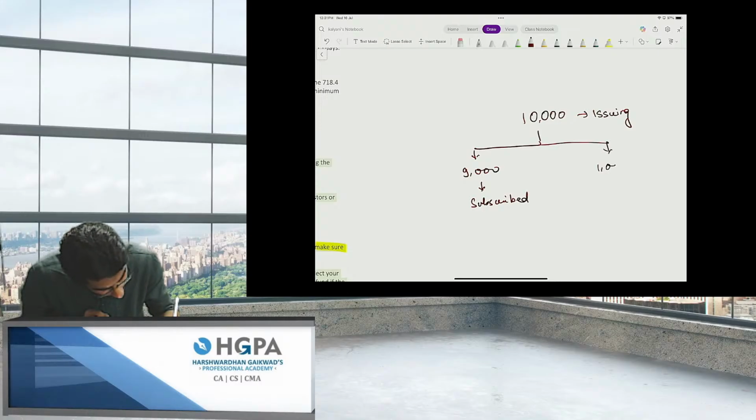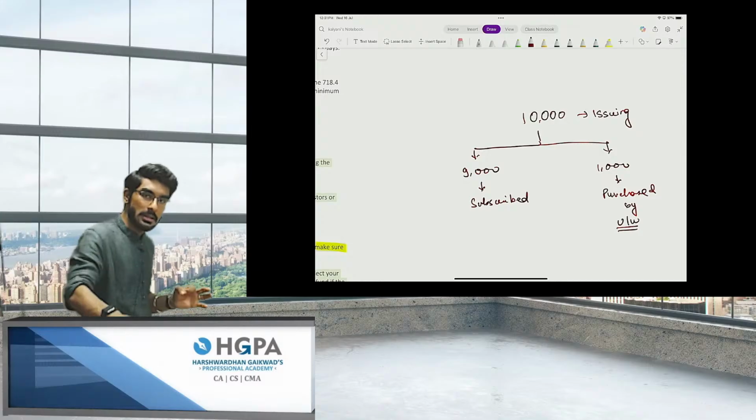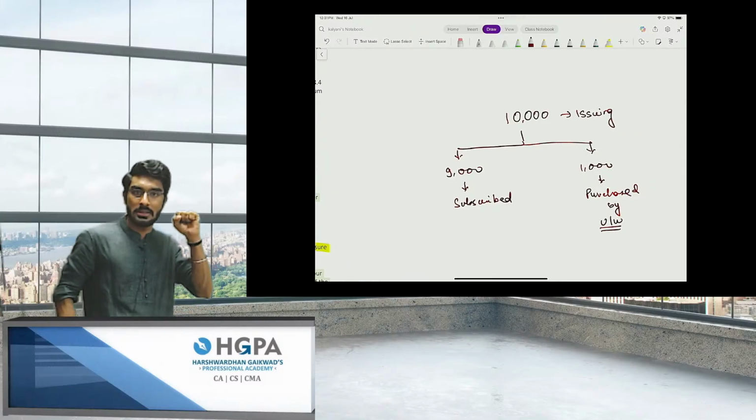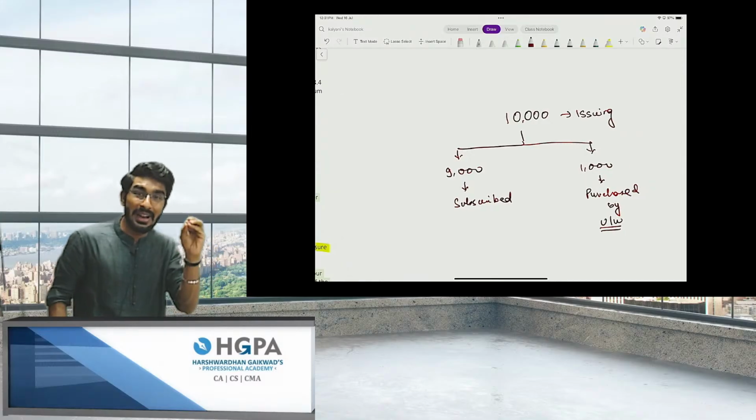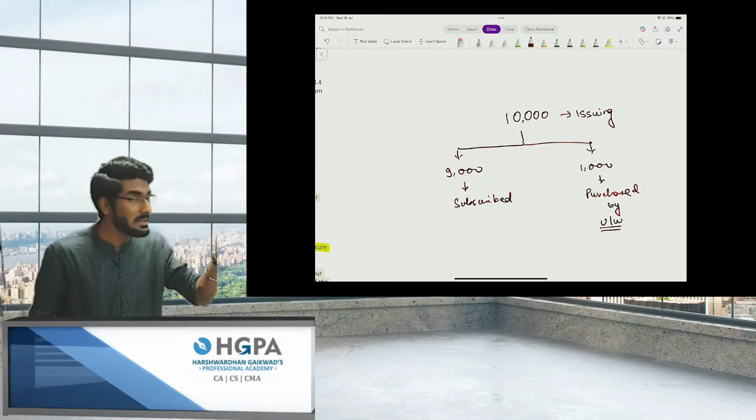The remaining 1,000 shares will be purchased by the underwriter. Once the underwriter purchases the shares, after a certain period of time, he will gradually sell to the public.